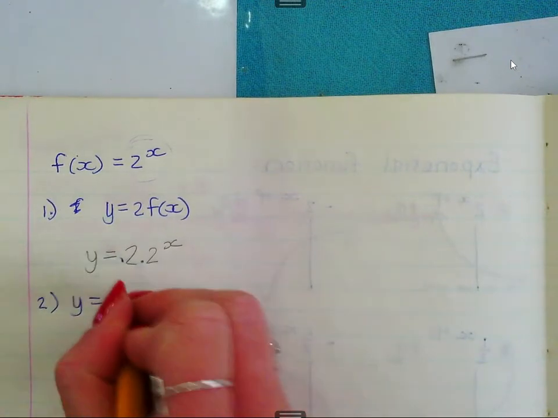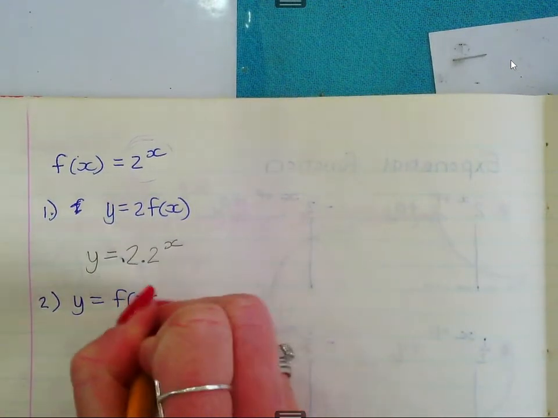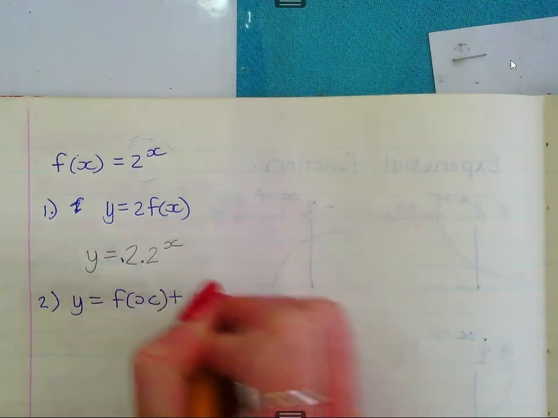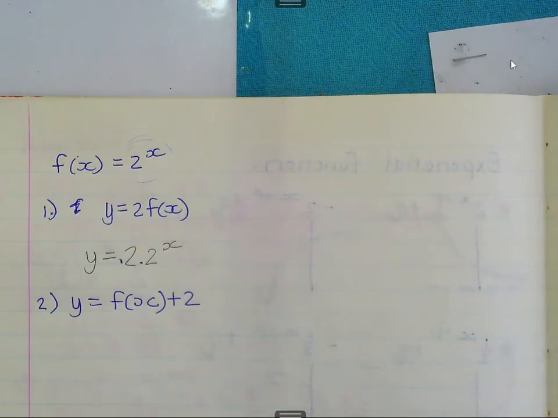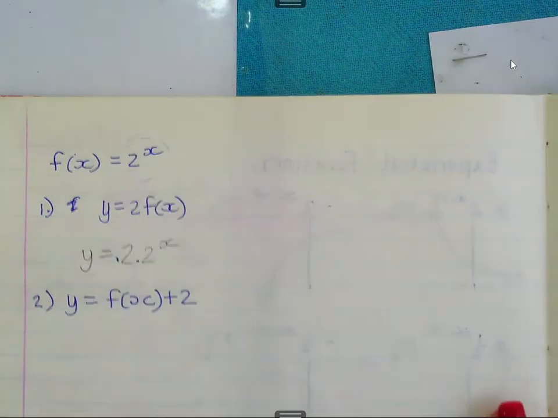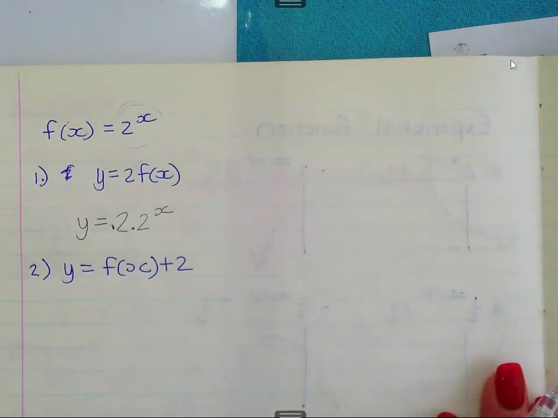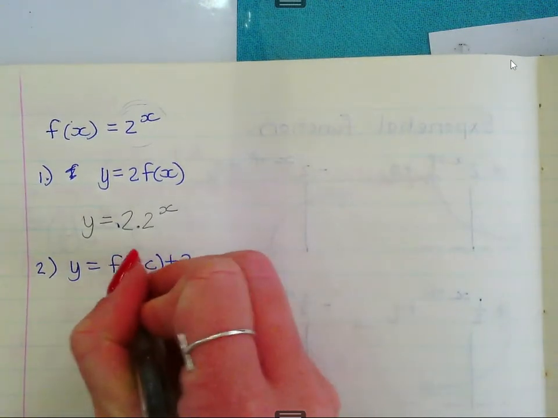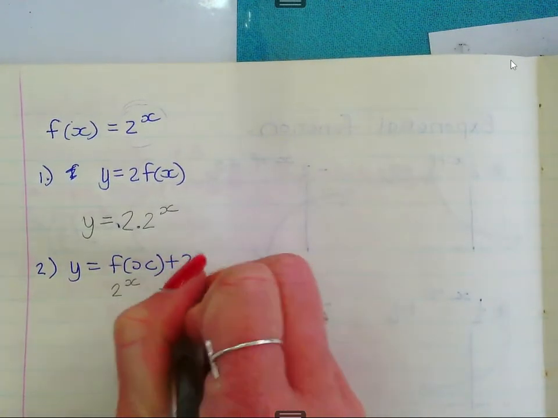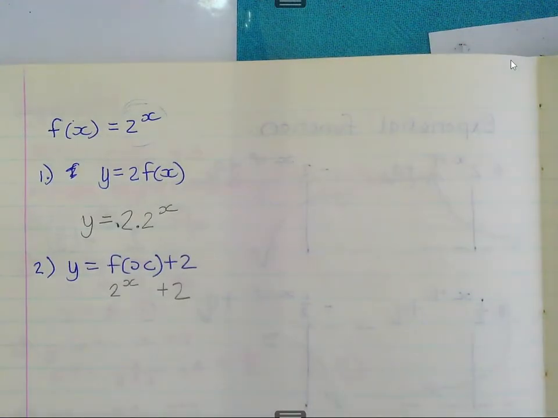y equal to f of x plus 2. What is f of x? 2 to the power of x and then plus 2. So what value does this function get?